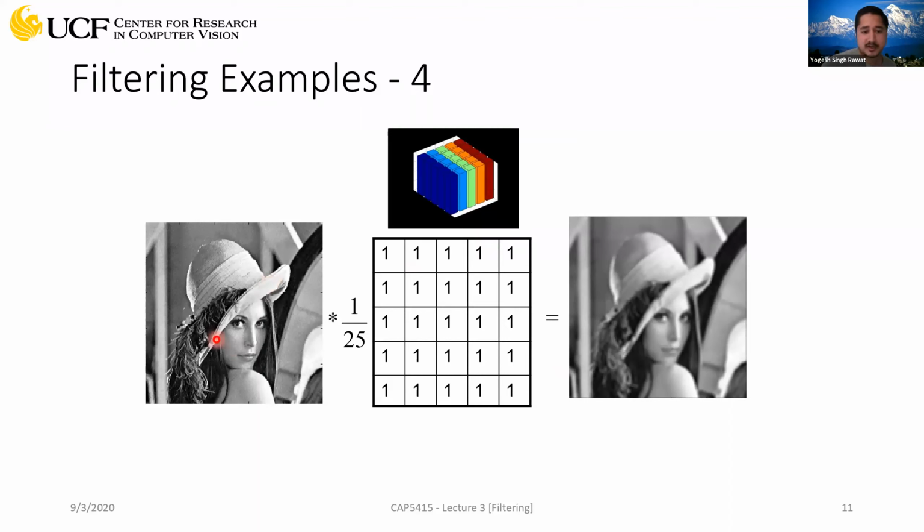Then at each of these locations in the image, you will have a value of 255. When you multiply that number with each of these elements, the resultant number will be 25 times 255. That's too high, so you have to normalize using 25. You get back to 255, which is the expected value. So this normalization is not decreasing or increasing the intensity. It's just normalizing the computation which you get after the weighted average.